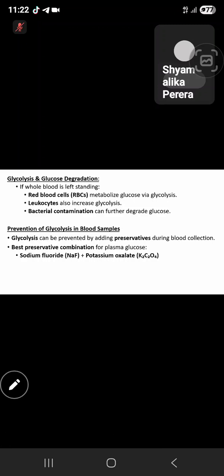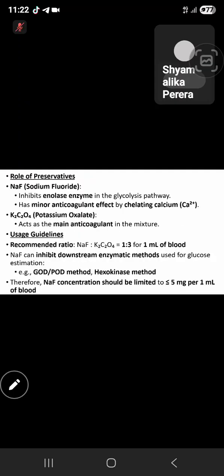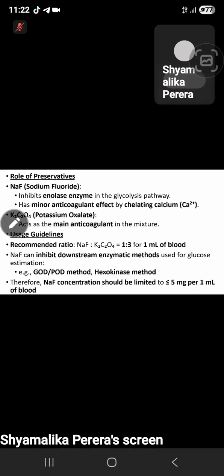That's why we use preservatives or additives with our blood collection tubes. The best preservative combination for plasma glucose assay is sodium fluoride and potassium oxalate. Sodium fluoride mainly acts on an enzyme called enolase, which is in the glycolysis pathway, and blocks that enzyme, so further glycolysis does not take place.